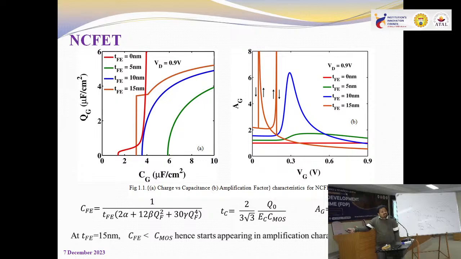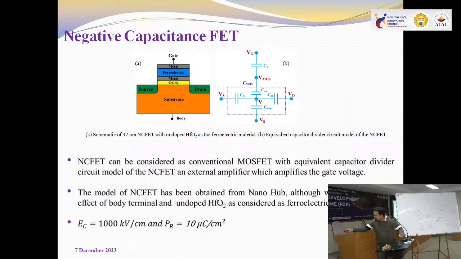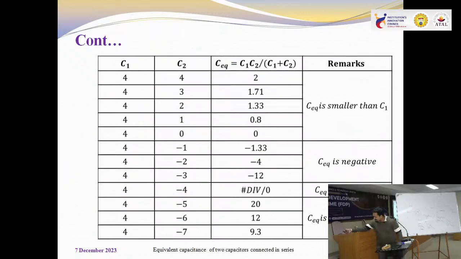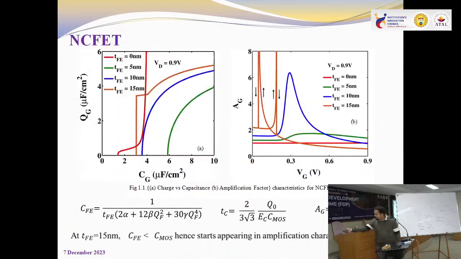When CMOS and CFE come close to each other, there is maximum amplification. The same thing can be confirmed from here also. Like here it is 4 and minus 5, correct? So what is the capacitance? 20. If you make it 4 and minus 4.01, you will get maximum amplification.